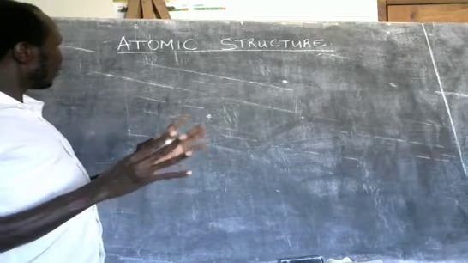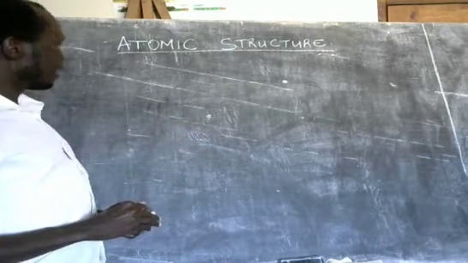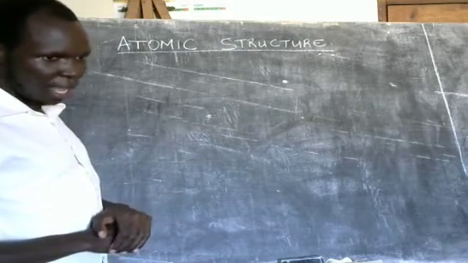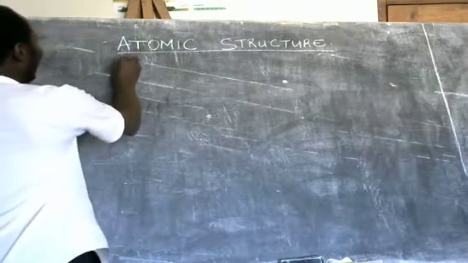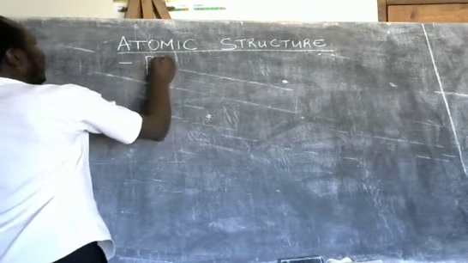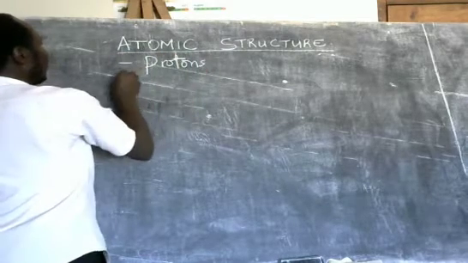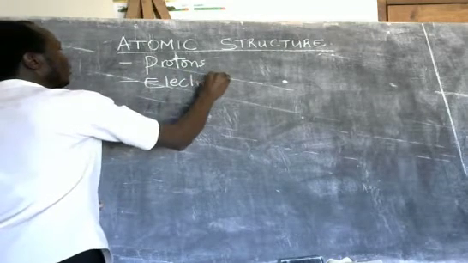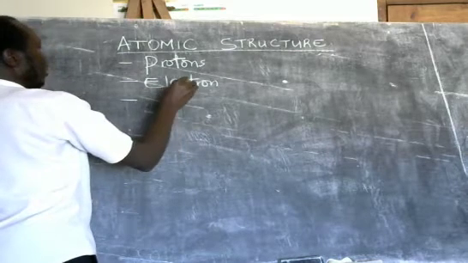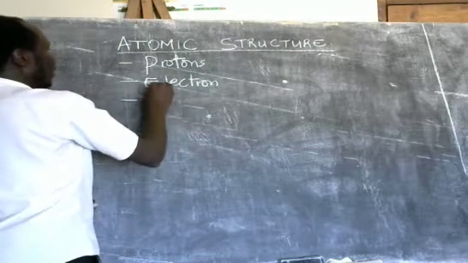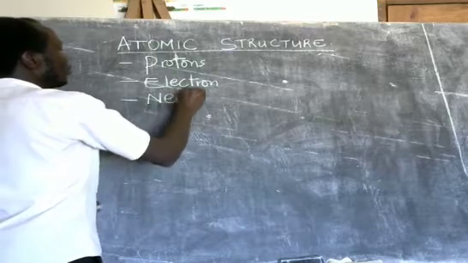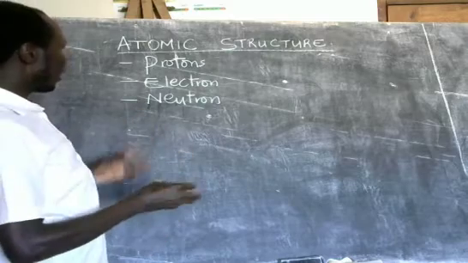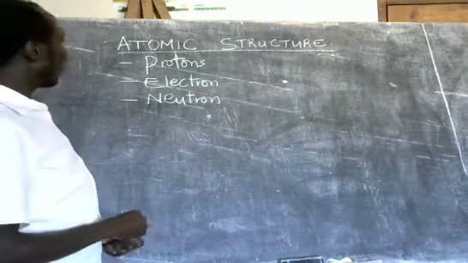The common particles that we look at, we are looking at majorly three particles forming the structure: protons, electrons, and neutrons. These are the main particles that make up the structure of an atom.